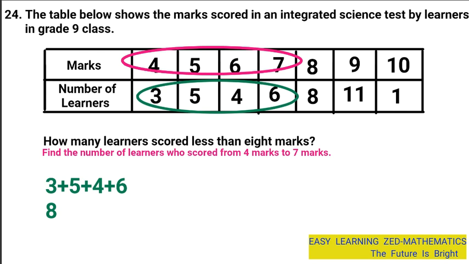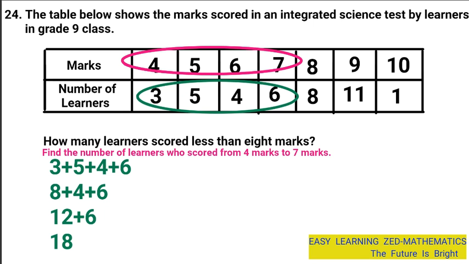Then 8 plus 4 will give us 12, plus 6 will give us 18 learners. So 18 learners in class scored less than 8 marks. Okay, now let's go to question number 25.